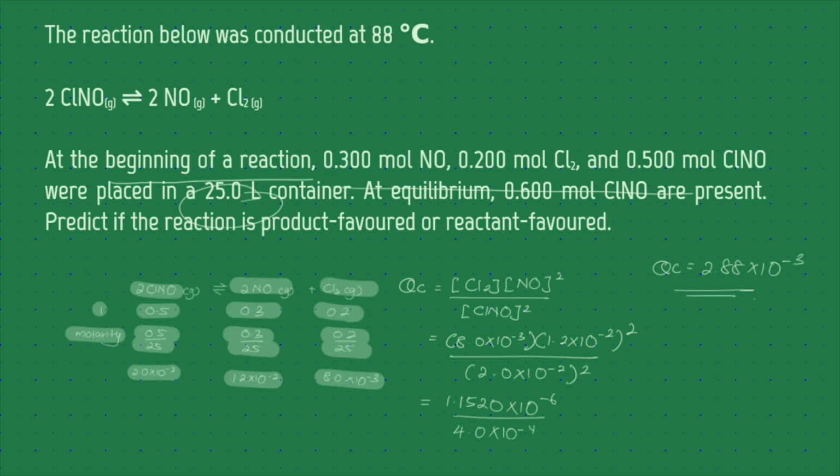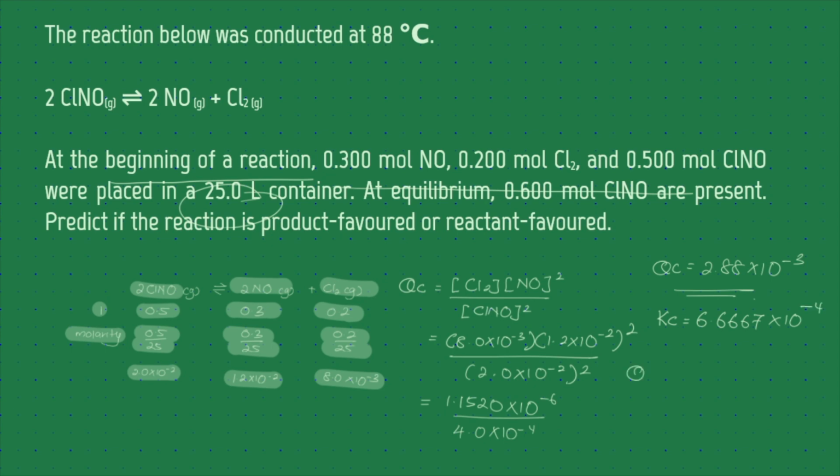Right, so up next what we are going to do is compare this value with the value of Kc that we already calculated in the previous question. In the previous question, we got your Kc is equivalent to 6.6667 times 10 to the power of negative 4.